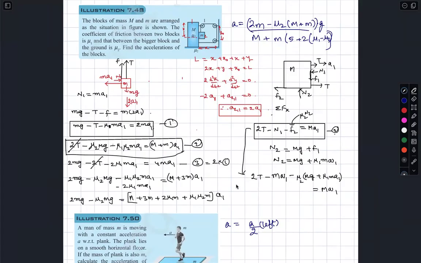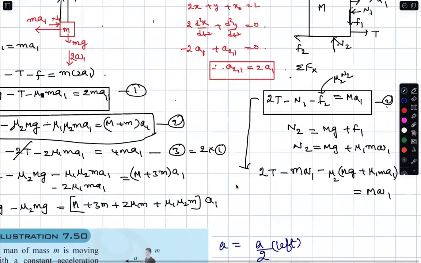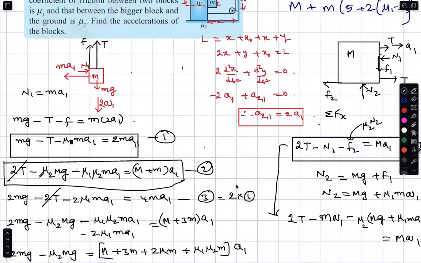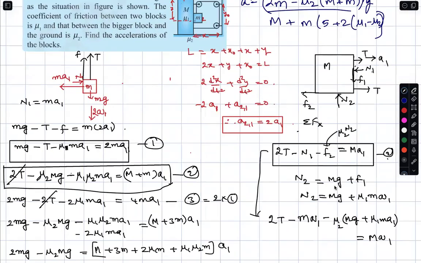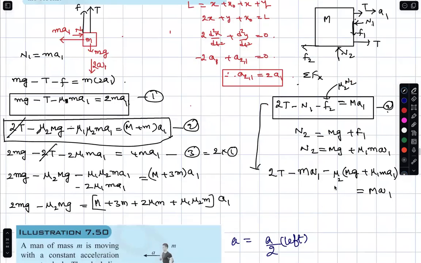Now just work on this. I repeat, first step is from the free body diagram of this. Second step is from the free body diagram of this. I have framed all possible equations from here itself. In such questions, what are the sources of mistakes?